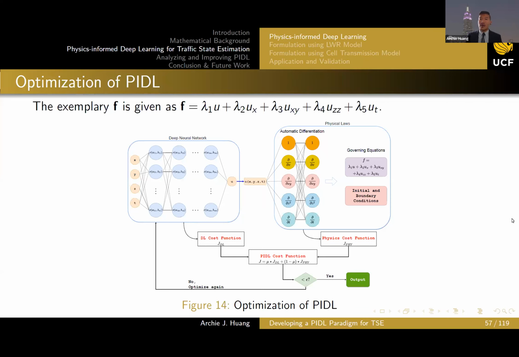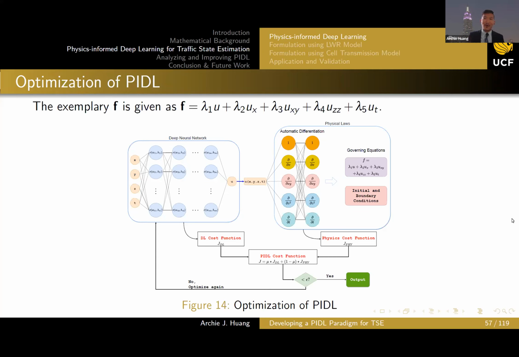And on the right, we actually see the physics part in play, which adopts automatic differentiation to compute various derivative terms given the governing equation, which is listed as a function f here.